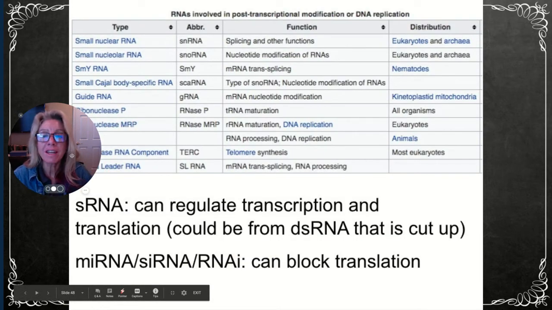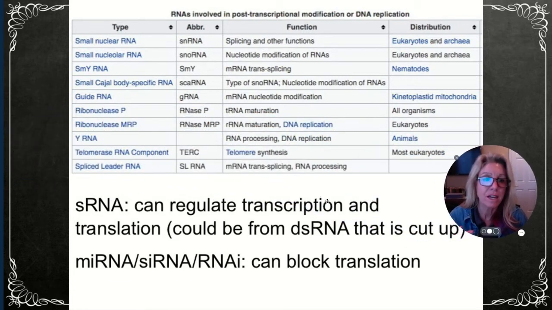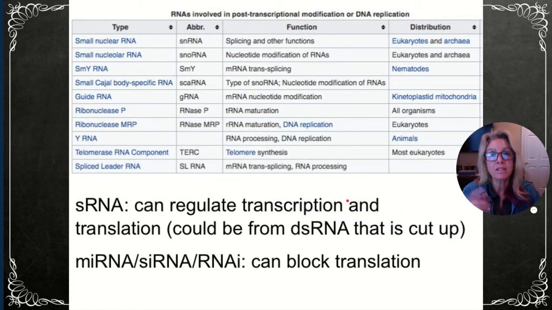Now, other things can get in the way, and I know this is a scary chart, but I just wanted to show you because there are so many different things here that can happen. If you look up here at the top, RNAs are involved in post-transcriptional modification. They could interfere with DNA replication, and I'm going to show you one that could also affect translation. It could interfere in any one of those areas.